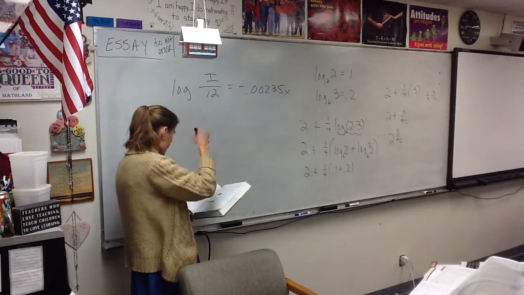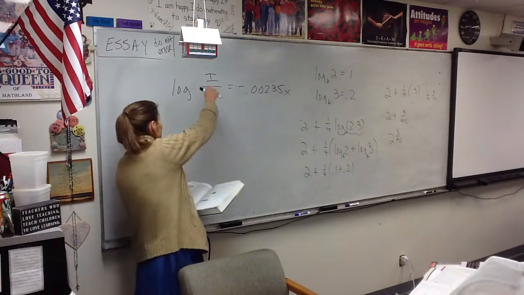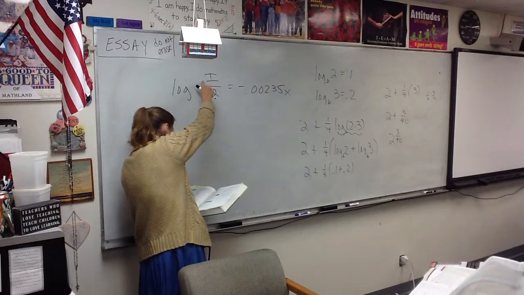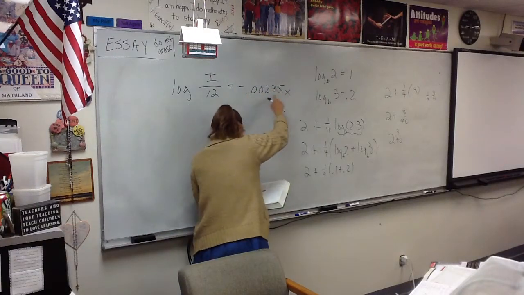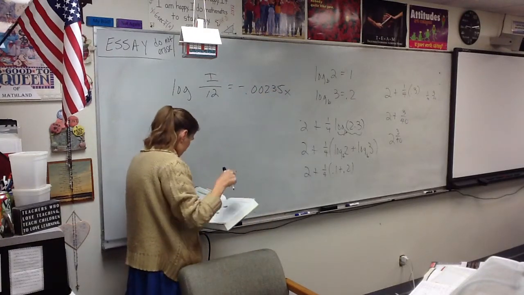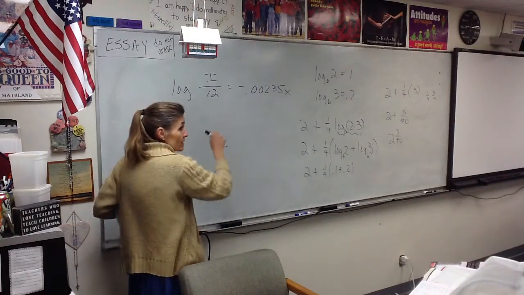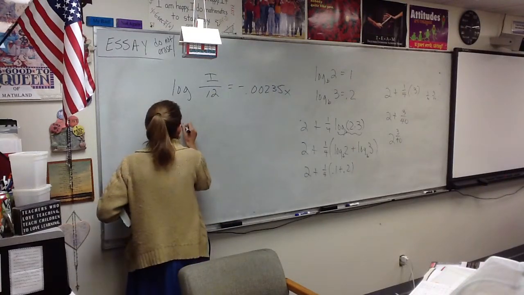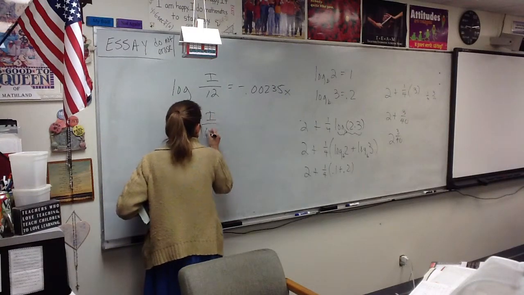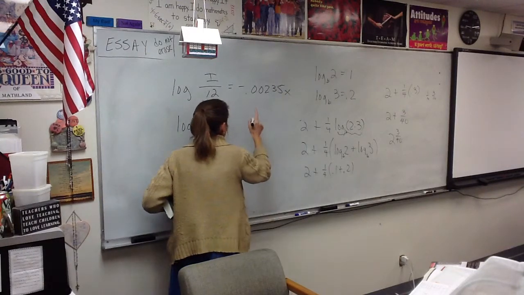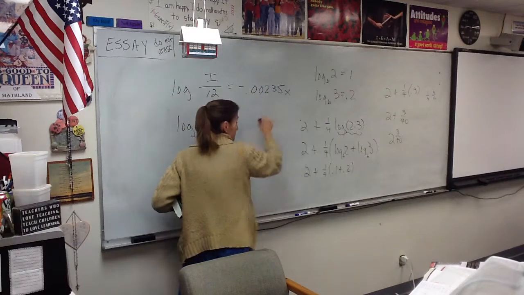And they say that this equation is the relationship between the intensity at a depth of x feet. So then they say, what is the intensity at a depth of 40? So we just plug 40 in there. And did you write down what that times 40 is?